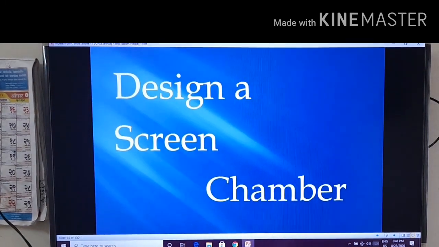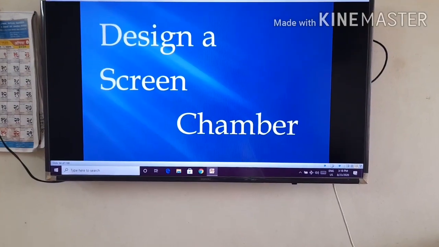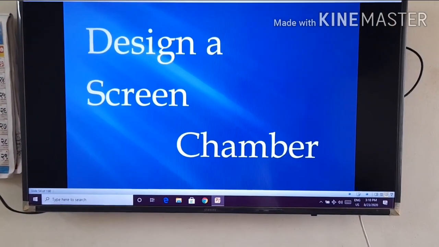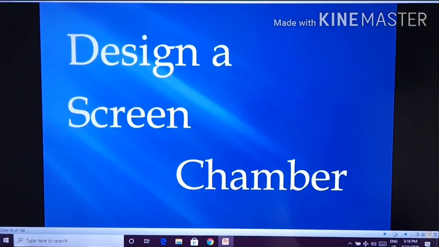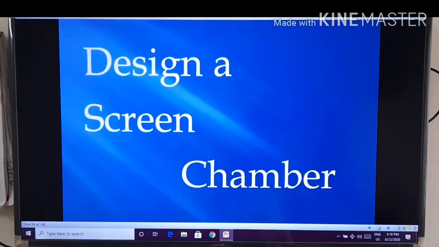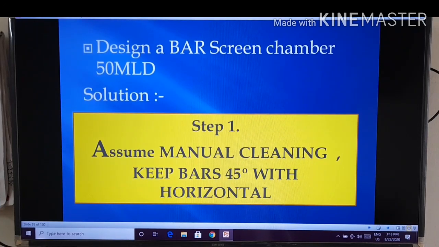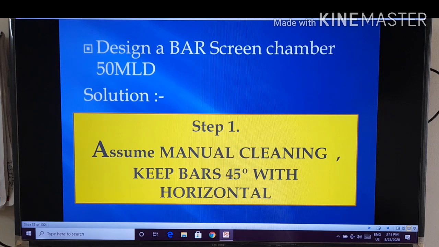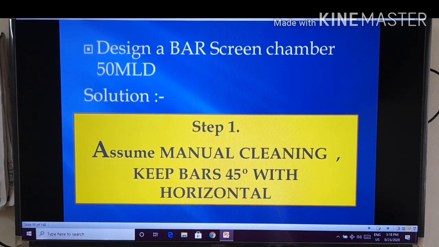Let us take an example to design a screen chamber. For designing a bar screen chamber, 50 MLD is the quantity of sewage which is given. Solution. Step 1: Assume manual cleaning.